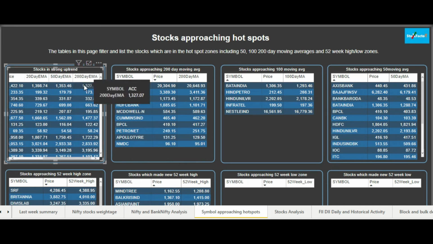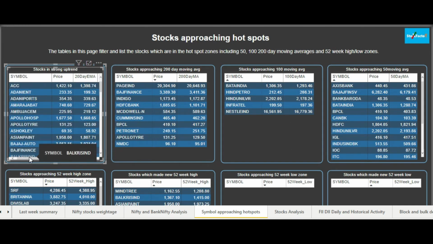So the price is quoting above all three moving averages, and you can imagine how strong the uptrend is. If you have a bullish view and want to trade in stocks which are in a strong uptrend, this visual will filter out those symbols in the FNO stocks in which you can trade for the bullish view.